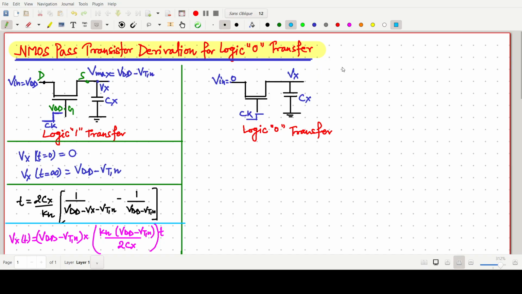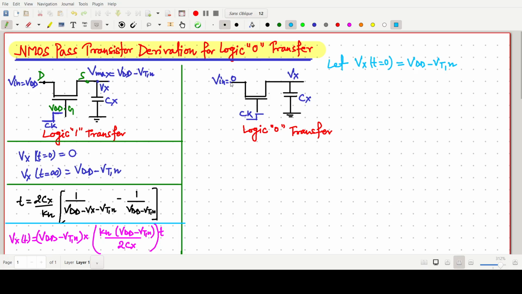So now in this case, what we are assuming, that I am writing here: let Vx at time t equals 0, the capacitor Cx is charged up to the maximum, that is, VDD minus VTN, and we are giving Vin equal to 0.